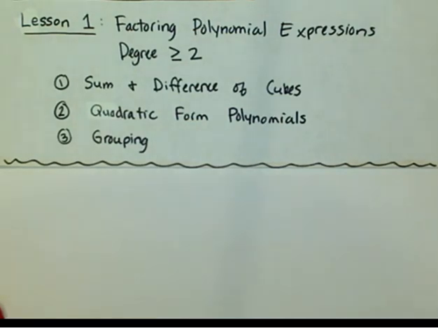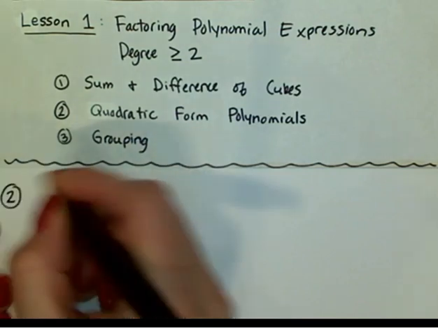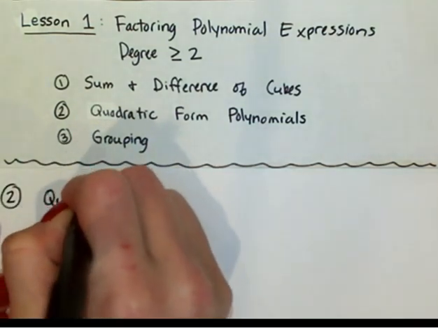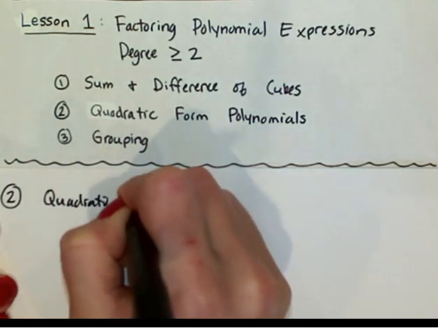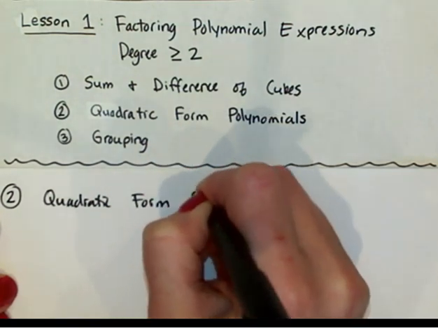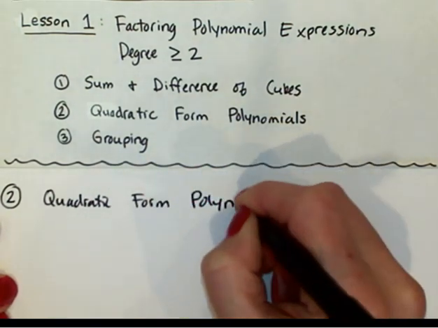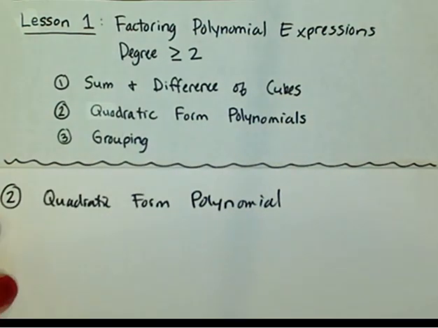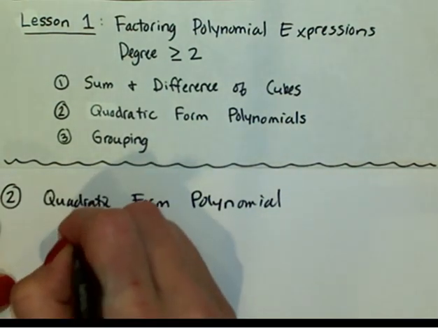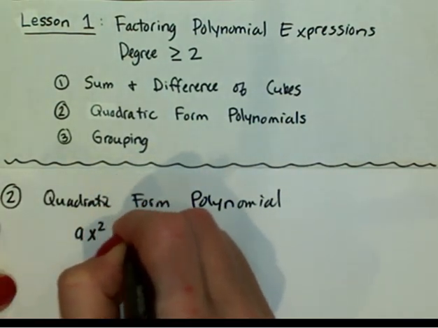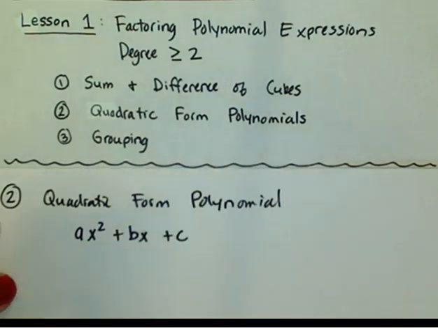Okay, now we're going to move on to part 2 of the lesson, quadratic form polynomials. So a quadratic form polynomial looks like this: ax squared plus bx plus c.